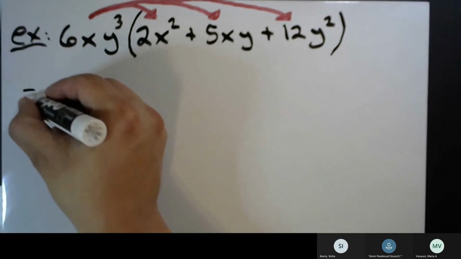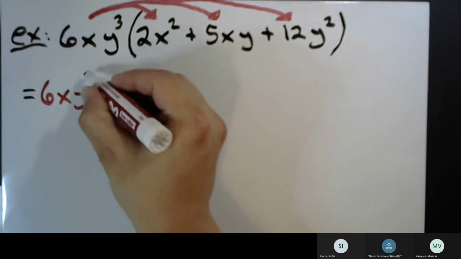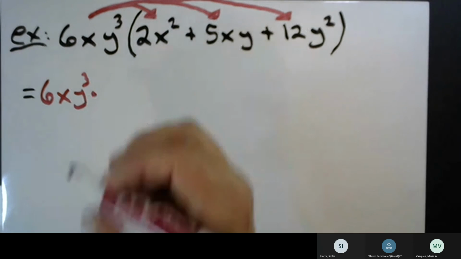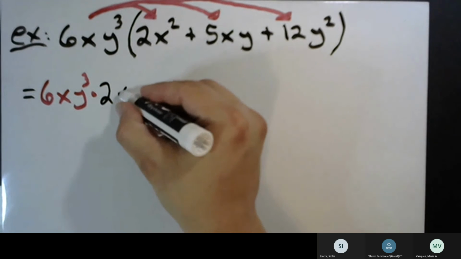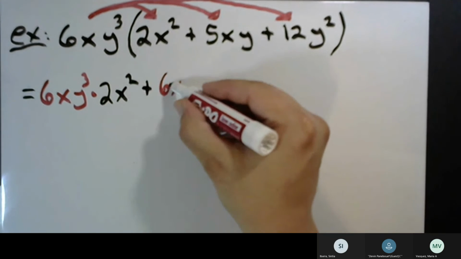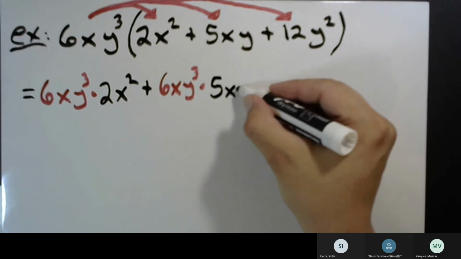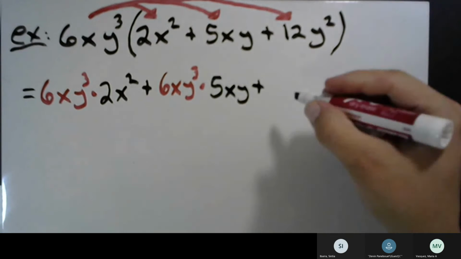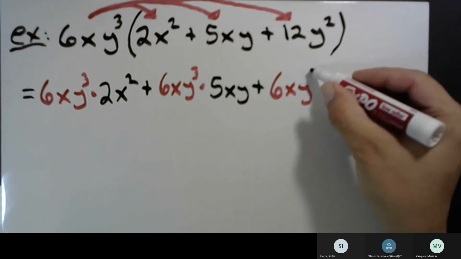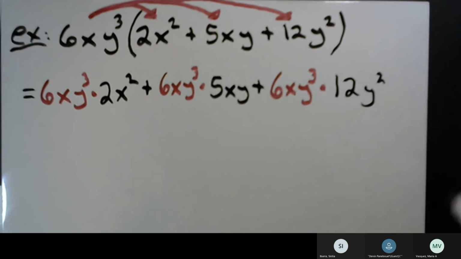And so what that's going to give us is 6 xy cubed times 2x squared, and then 6 xy cubed times 5xy, and that's what we're going to have.